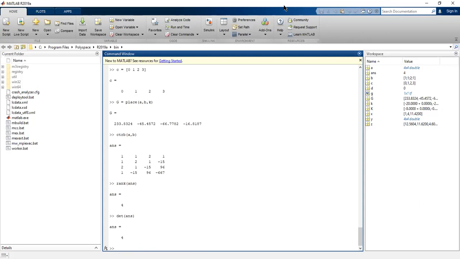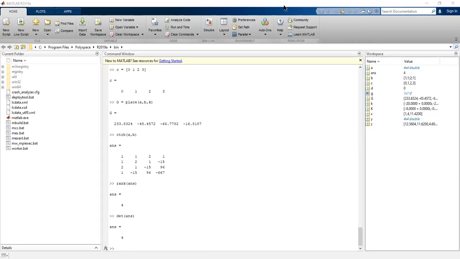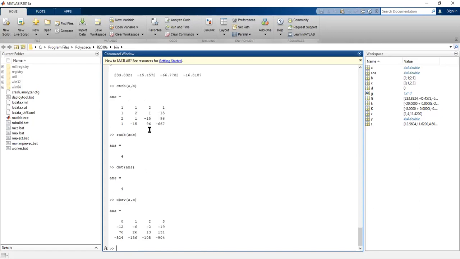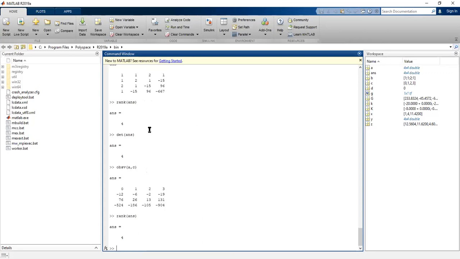And then you have to type in the observability, OBSV, A and C, and find the rank of that.